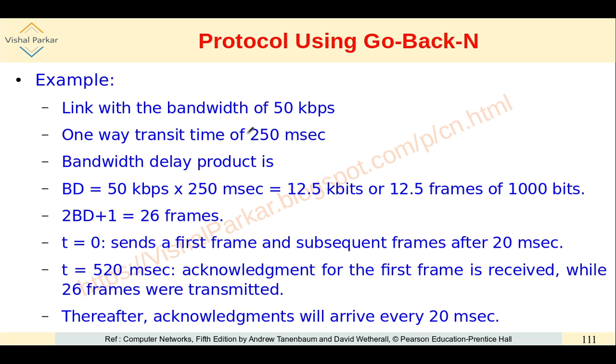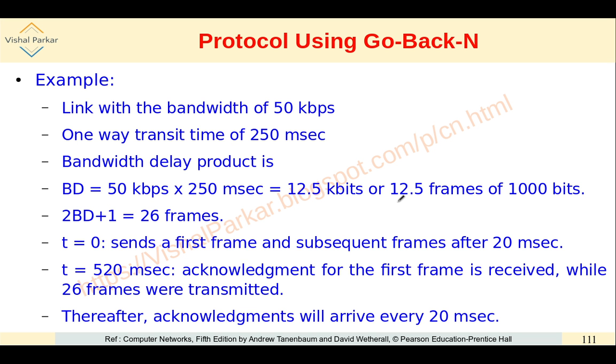We'll know this with one example. Now, as previous, the channel is with bandwidth of 50 kbps, one-way transit time of 250 milliseconds, and the corresponding bandwidth delay product is 50 kbps into 250 milliseconds, which is 12.5 kilobits, sorry. Or we can also calculate the number of frames here.